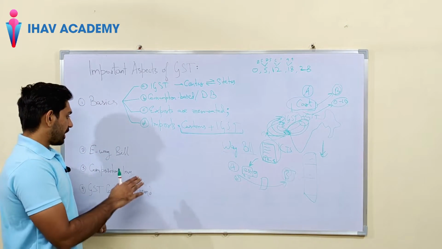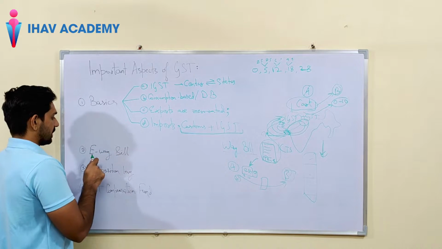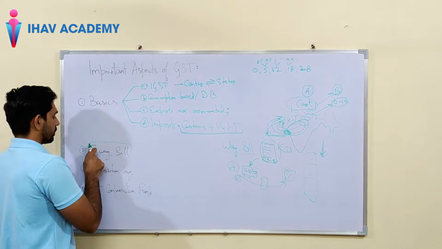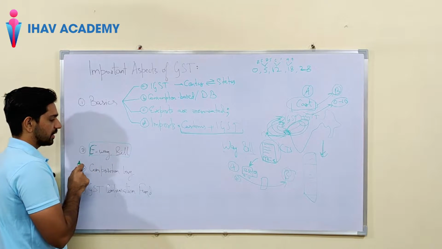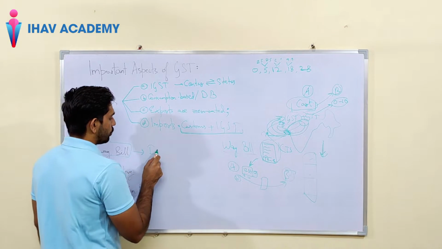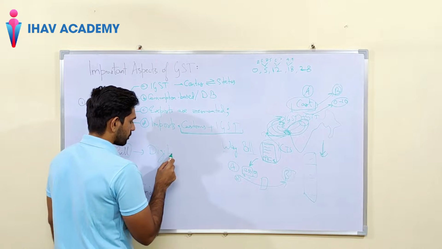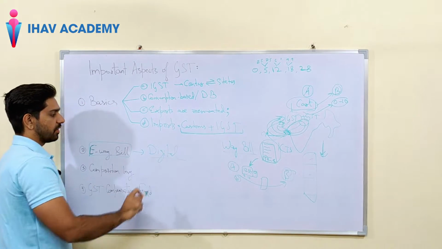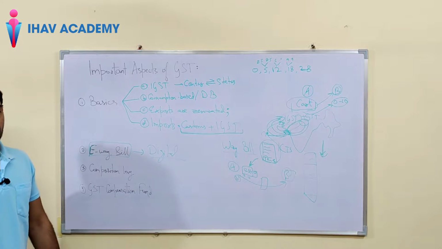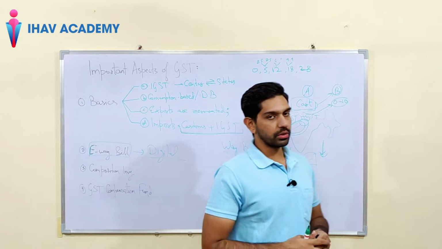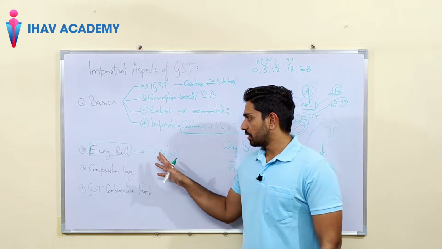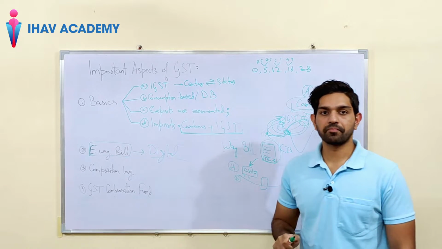Understood? So now after the implementation of GST, this e-way bill concept has been introduced. The prefix is electronic. It means now you have to obtain this way bill in a digital form. Now you are self-declaring all these things that I have quoted on a digital platform.